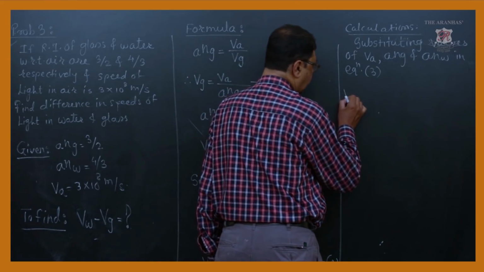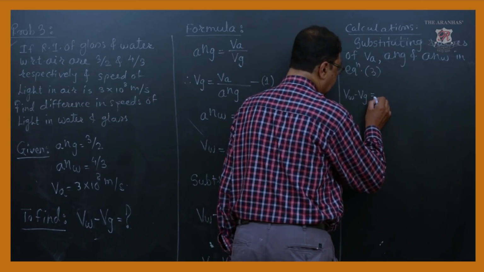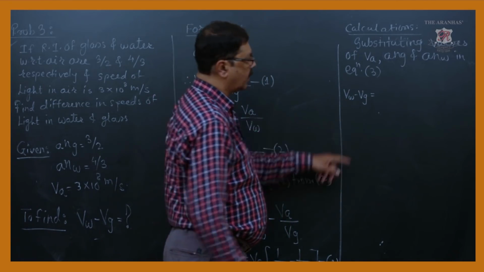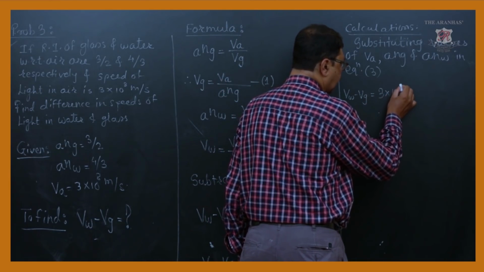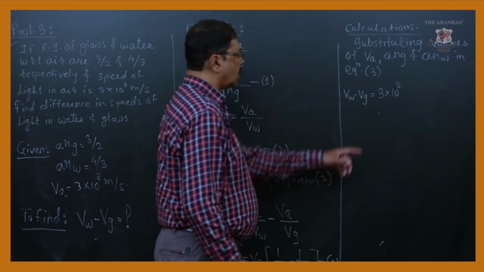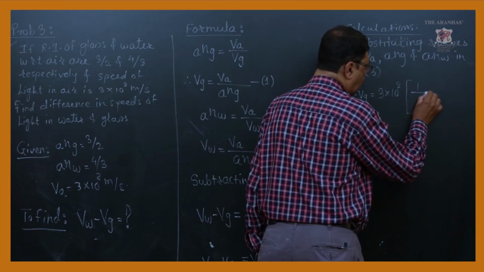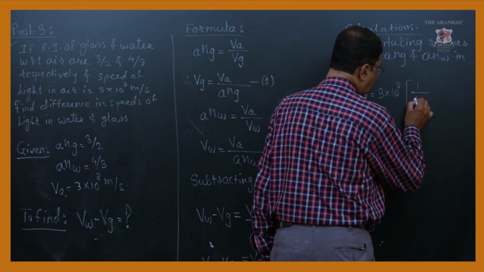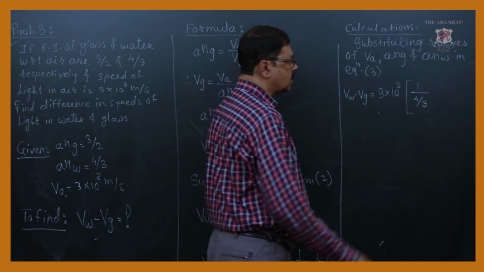Therefore, I get VW minus VG, that is speed of light in water minus speed of light in glass, equal to 3 into 10 raised to 8. This is value of VA into bracket 1 upon what is ANW? 4 by 3. What is ANG?